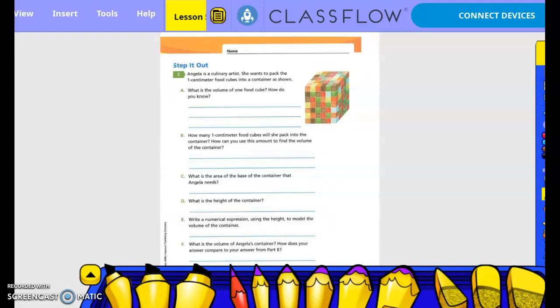And in a cube, all sides have the same dimensions, right? Okay, so 1 times 1 times 1 is 1. So the volume of 1 food cube is 1 cubic centimeter because a cube has all congruent sides.